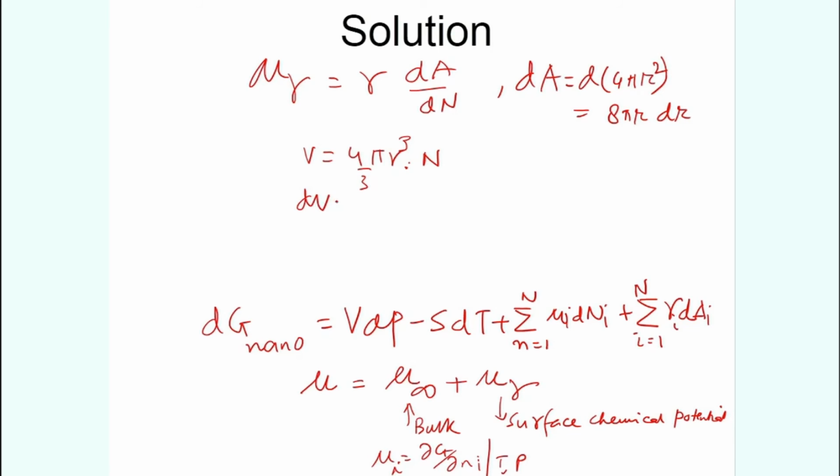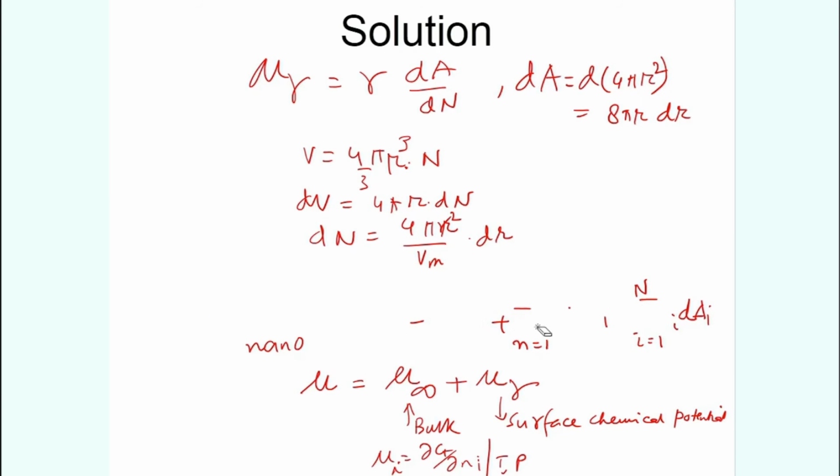So then dV is what? 4 pi r square dr. And dn is 4 pi r square dr divided by the molar volume Vm, correct? So upon knowing this, let us complete the maths.